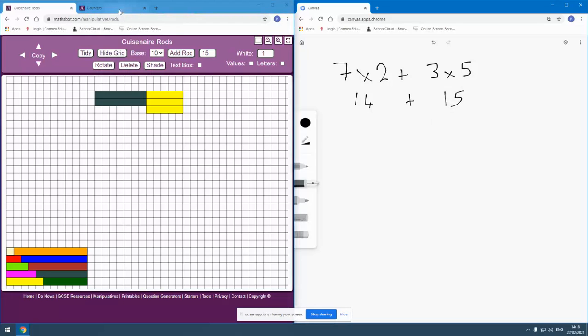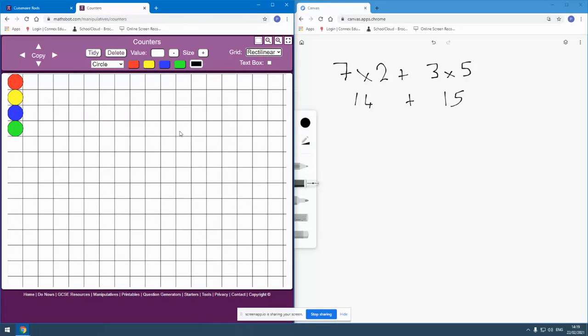And I can make a similar argument with a counters representation here. So what I'm going to have here is 7 counters with a value of 2. And then I'm going to have 3 counters with a value of 5.